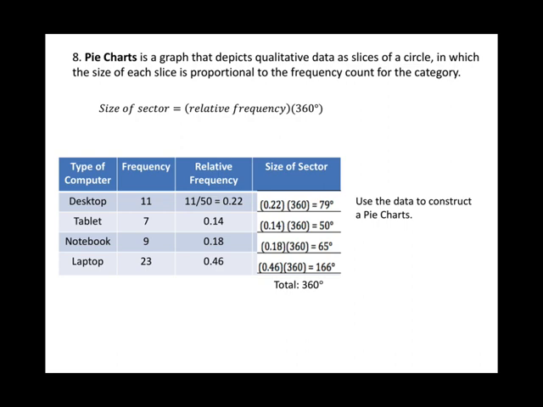You may need to use a protractor to construct a pie chart, or you could just estimate. Like the first one, 79 degrees. That means this slice of the circle is going to be 79 degrees and it will represent the desktop here. I use 22%, okay? So this is a percentage frequency. You just need to times 100% from the relative frequency here. So you can see 22% for the desktop.